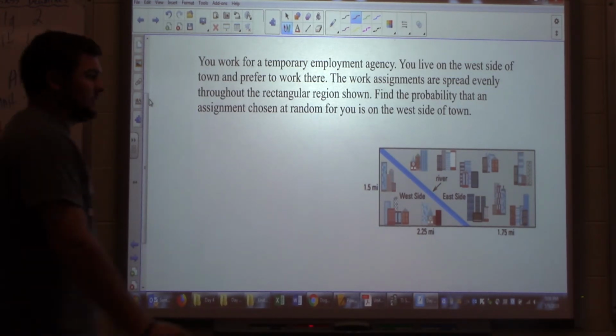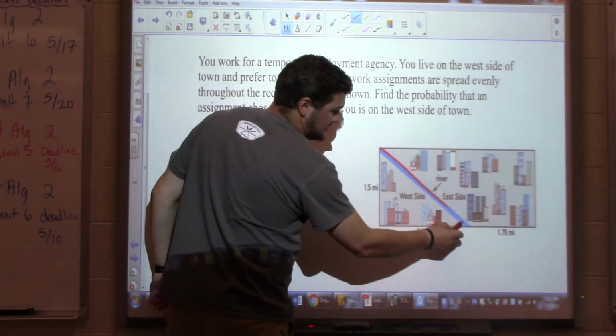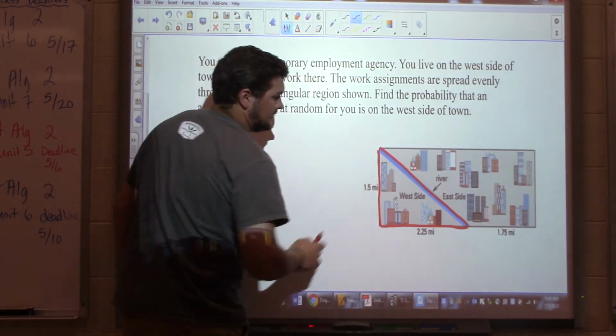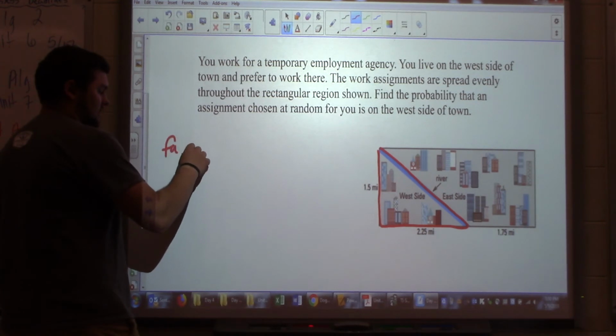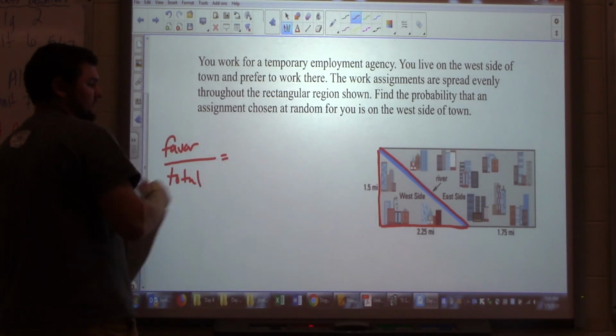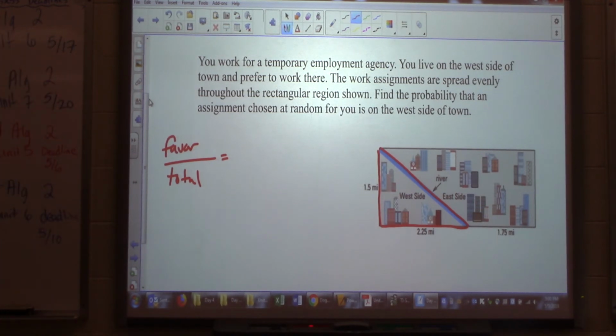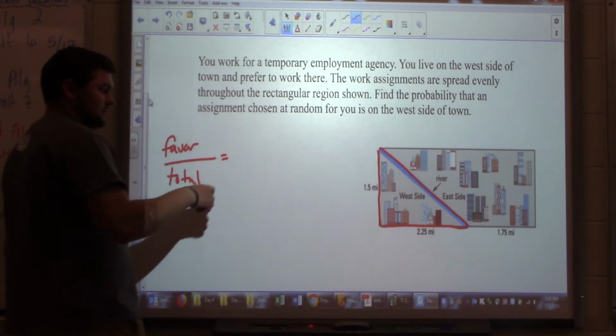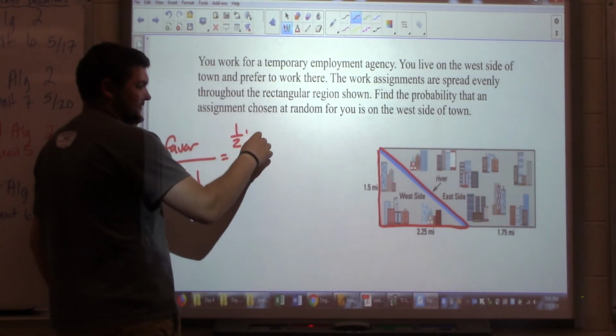You'll notice the west side of town is a really nice right triangle. So if we're looking for a favorable outcome, favorable over total, we can find the area of that triangle, and that's our favorable outcome. Well, what's the area of a triangle formula? Length times width divided by 2, or 1/2 base times height.